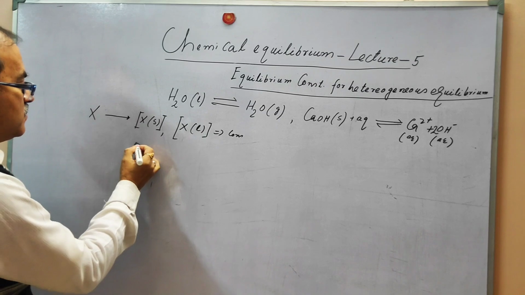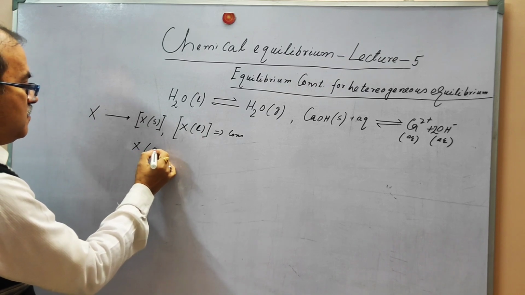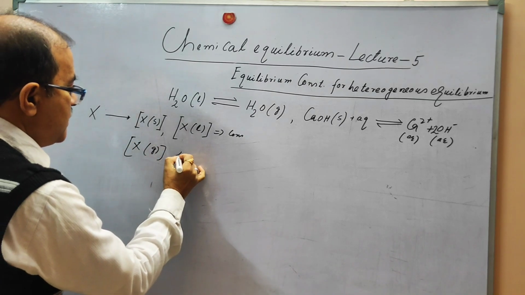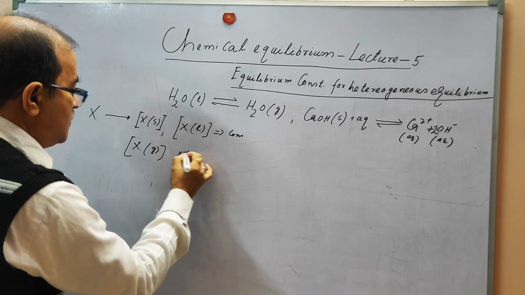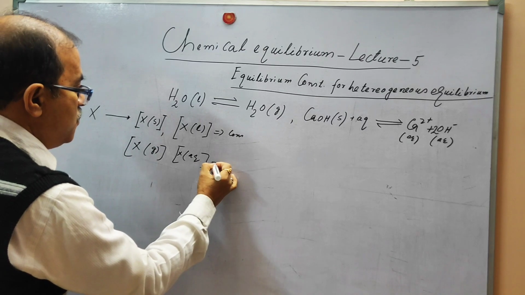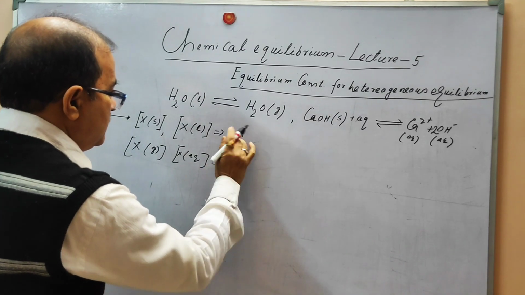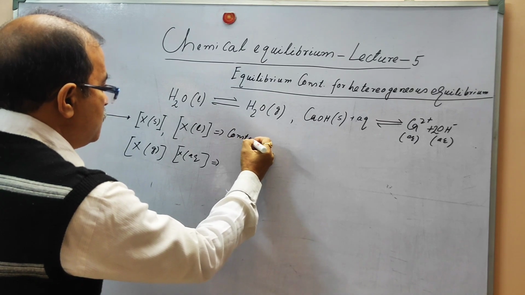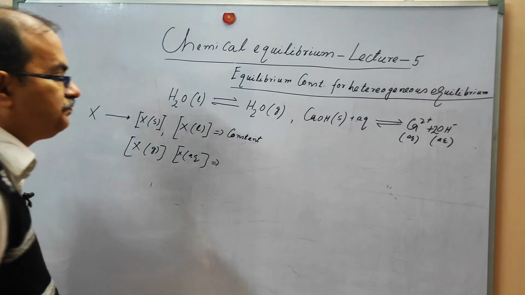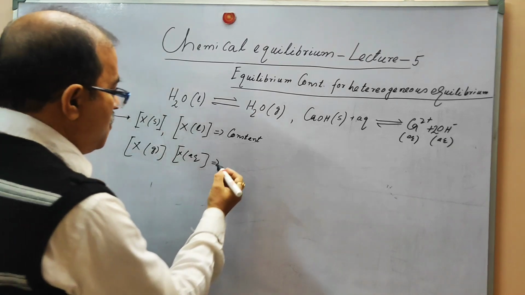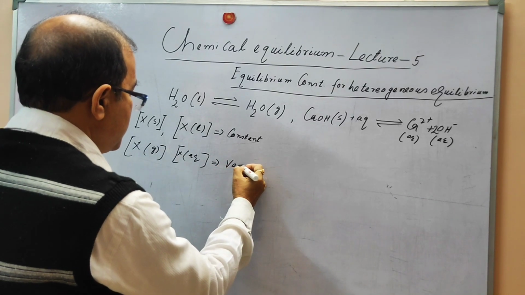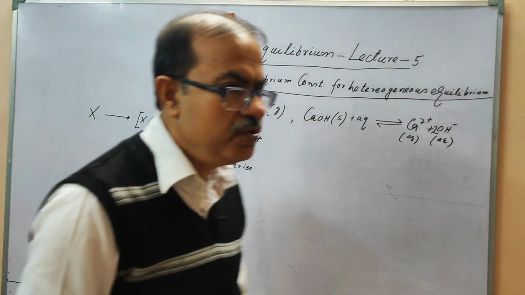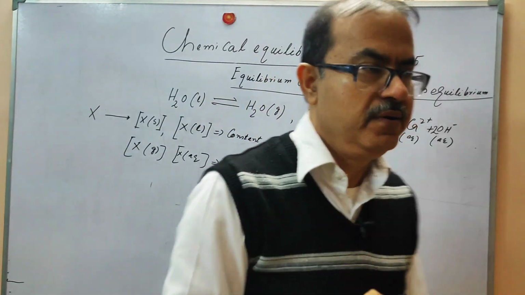Now, if this substance is in the gas phase or in the aqueous phase, its molar concentration will be different. The molar concentration of a pure liquid and a pure solid is constant, whereas this concentration varies. So when it is constant, we take it as 1.